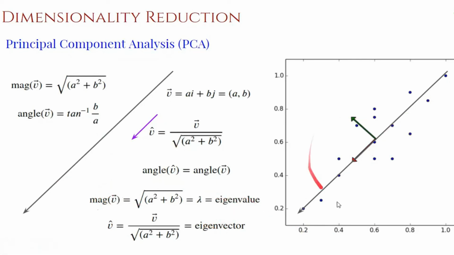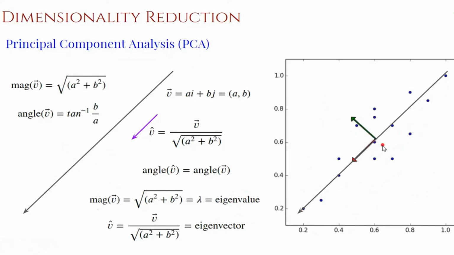So in two-dimensional data, we can find two eigenvalues and their corresponding two eigenvectors. One of them will be this, and the other one will be orthogonal to it. In a three-dimensional space, we can find three eigenvalues and corresponding three eigenvectors.